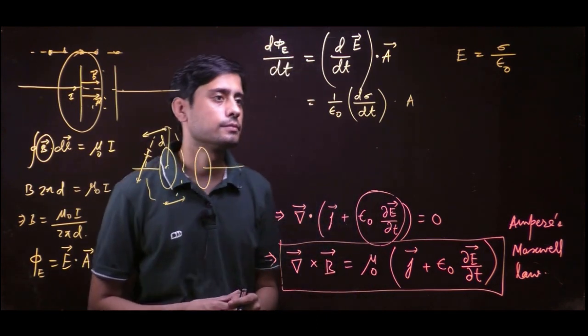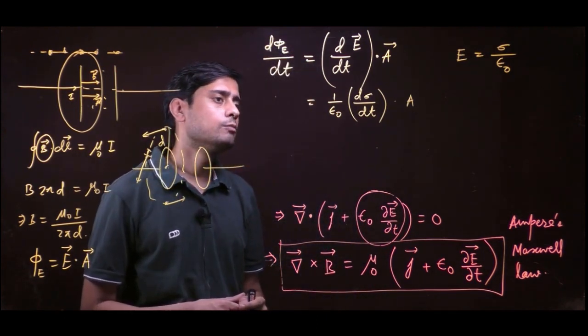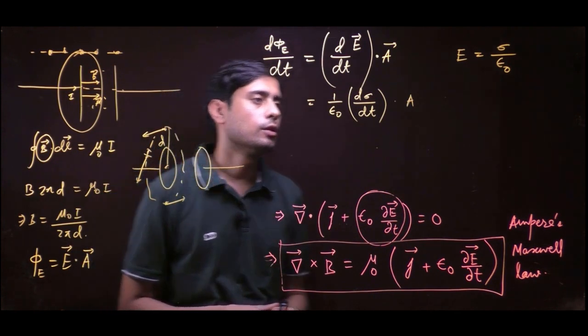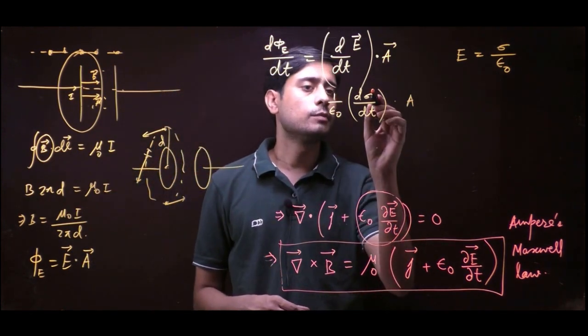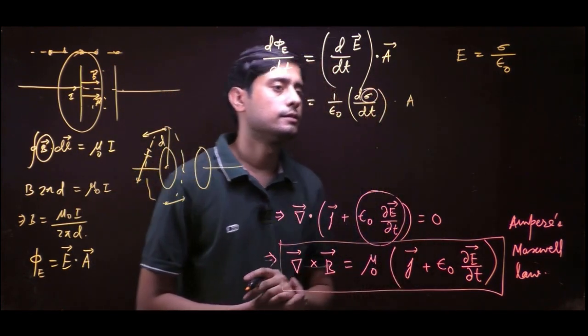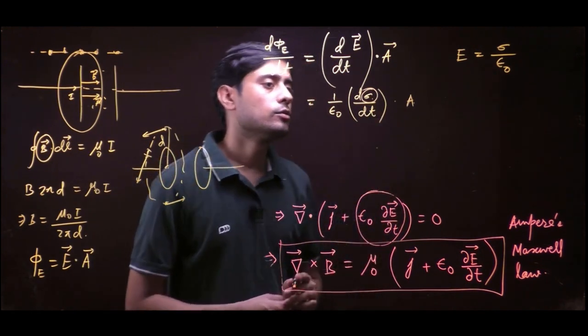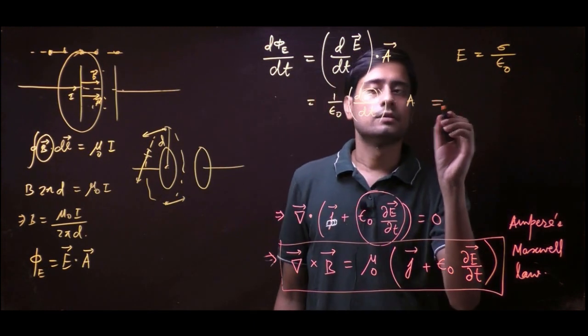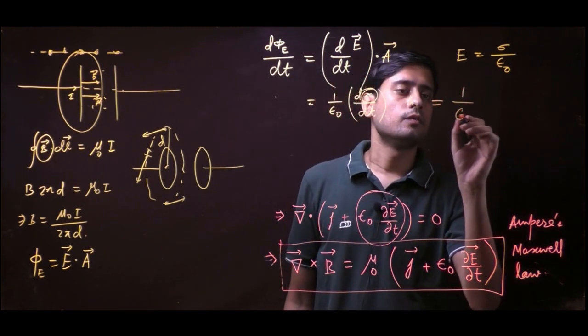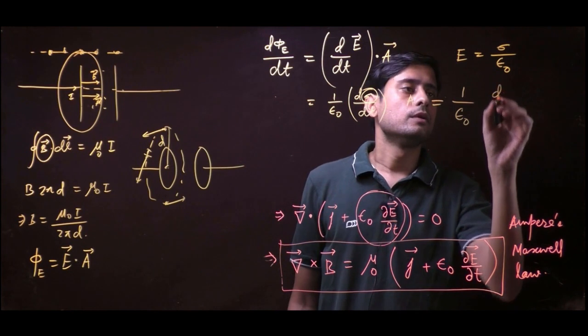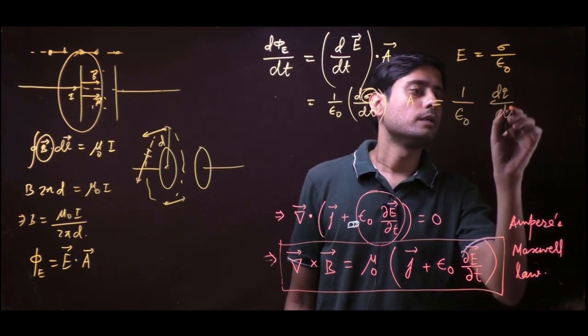Now this d sigma upon dt, what is this? Sigma is the charge density, and if we multiply sigma with area, you get charge. So this is 1 upon epsilon naught times dq upon dt.